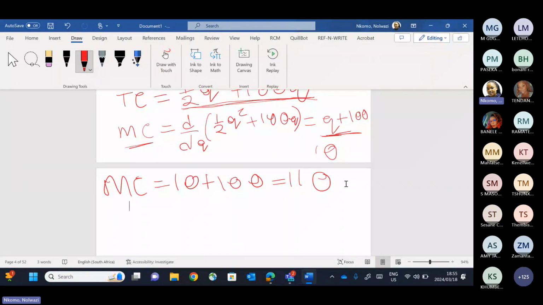If we were given a quantity of 10 and asked to find the marginal cost, that means we are asked to find the cost of producing the 11th unit. So if you are given Q as 11, that means you are asked to find the cost of producing the 12th unit, since the marginal cost is the cost of producing one more unit.